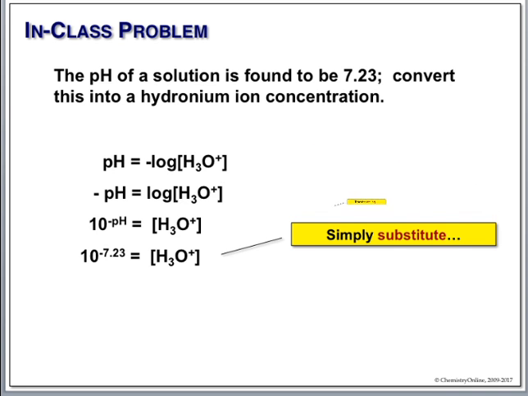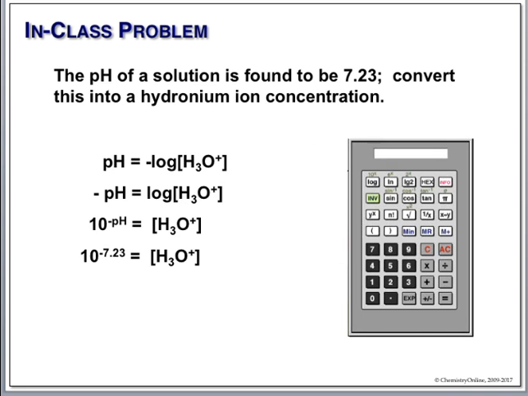Mine looks like this. I'm going to type in minus 7.23. And then I'm going to look all over my screen until I see this little thing in green that says 10 to the x.